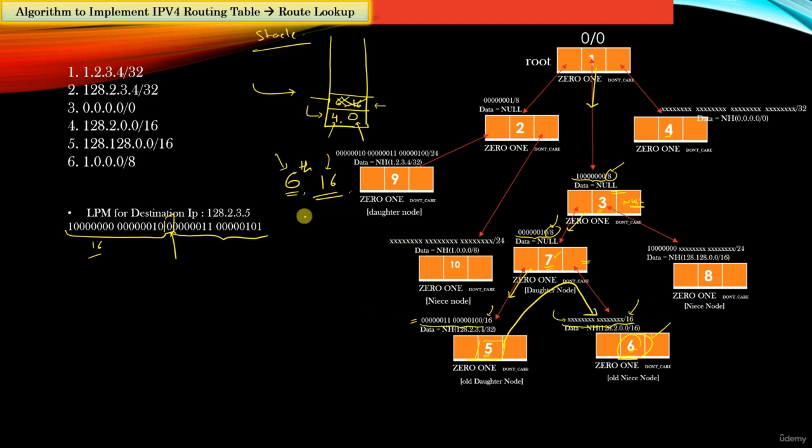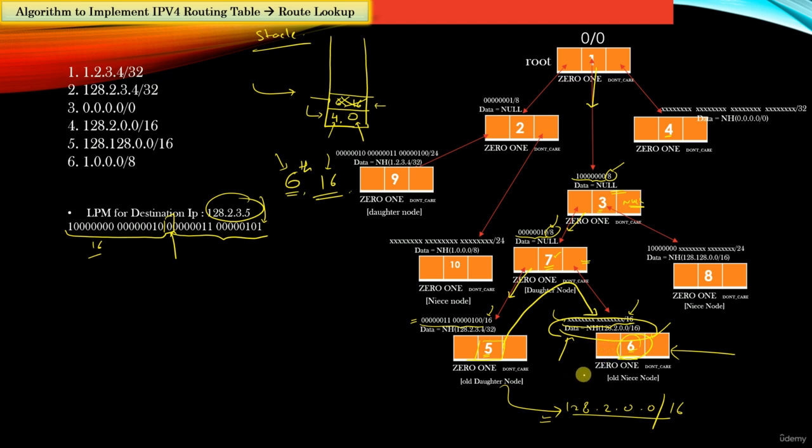So here the entire input string is exhausted. So this is the node where our search ends. So the node 6 corresponds to the route 128.2.0.0/16. So this is the route which matches with our IP address as per the longest prefix match principle. And the next hop of this route, that is the data part of the route, will be used for forwarding the traffic.